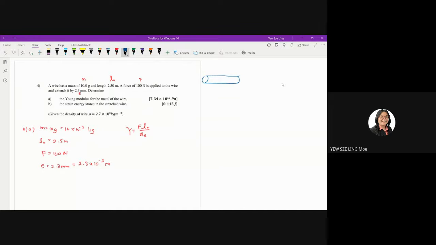You are given rho equals 2.7 times 10 to the power of 3 kg m negative 3. Now, in case in an exam you forgot the equation for rho, you can look at its unit. You have kg and m negative 3, which means rho equals m divided by V, the volume.